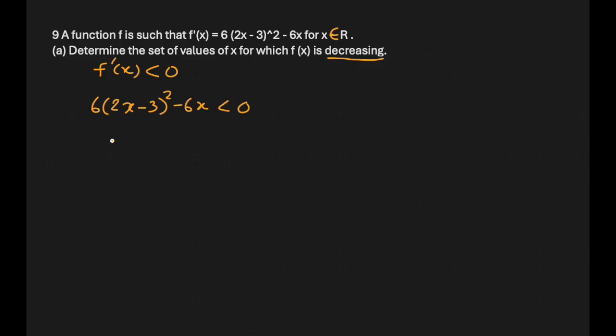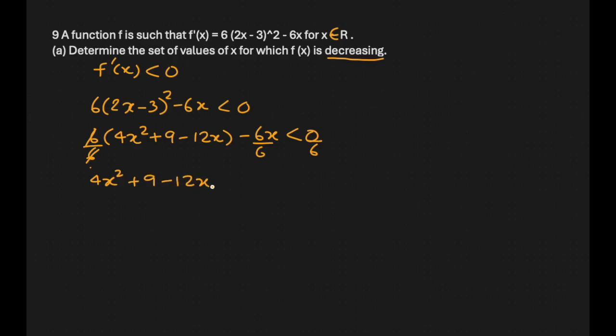So let's open the bracket now. 6, 4x square plus 9 minus 6 times 2, 12x minus 6x is less than 0. So can we divide it by 6 all the terms so that it becomes easier? So 4x square, this cancels out, plus 9 minus 12x minus x, just x, is less than 0.